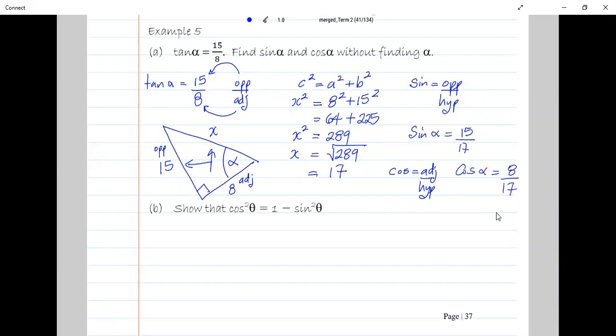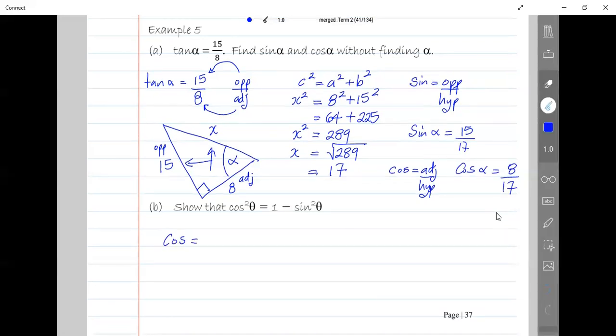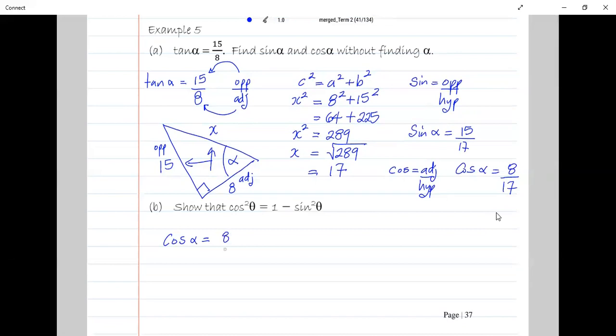All right. So next we're asked to show that cosine square is equal to 1 minus sine square. First of all, notice the theta here, it should have been alpha. First of all, the cosine of alpha is equal to 8 over 17.